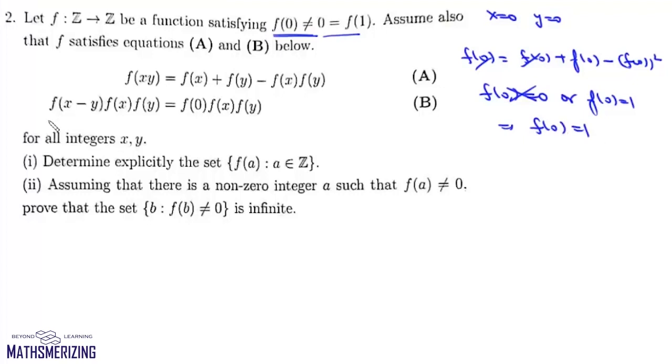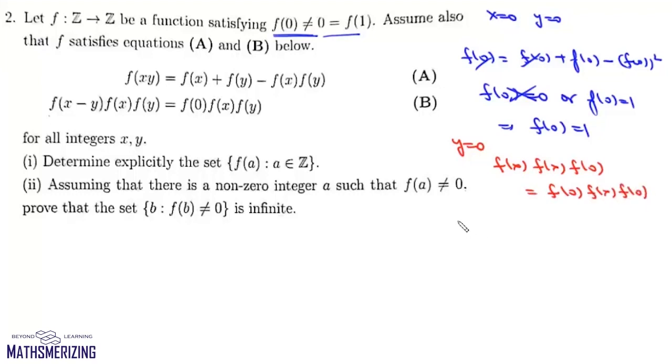Now what we'll do is, in this second equation, we'll put y as 0. Now if we put y as 0, we'll get fx into f0 will be f0 into fx into f0. Now f0 is 1.